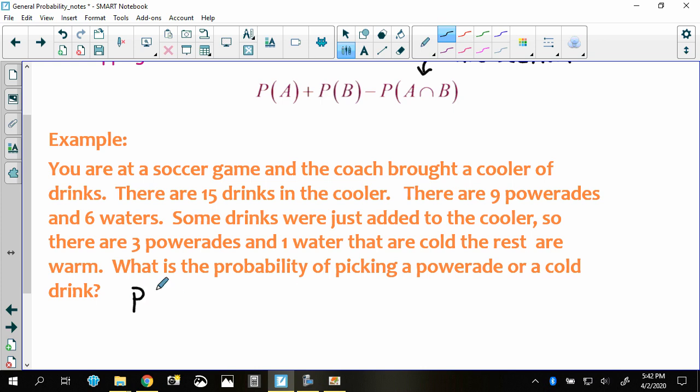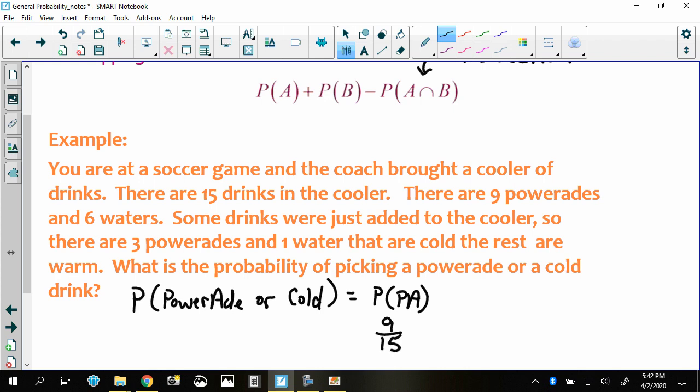So the probability of a Powerade or a cold drink. So individually, the probability of a Powerade, we'll call it PA, is going to be 9 out of 15. Or the probability of a cold drink, call that a C for cold. Okay, there are 3 Powerades and 1 water, so there's 4 drinks that are cold out of the 15.